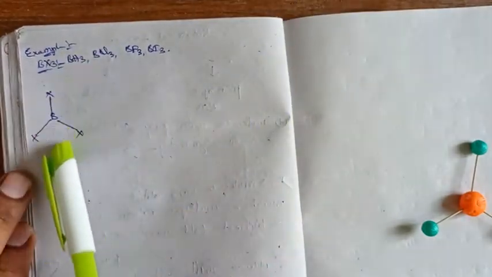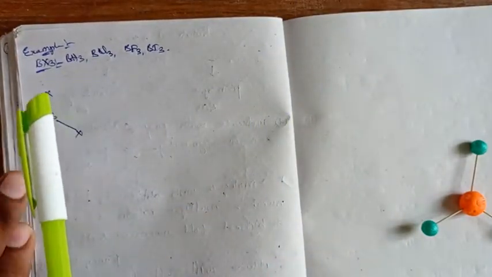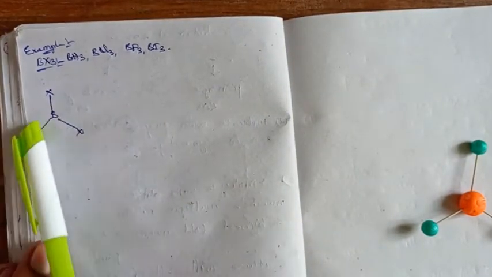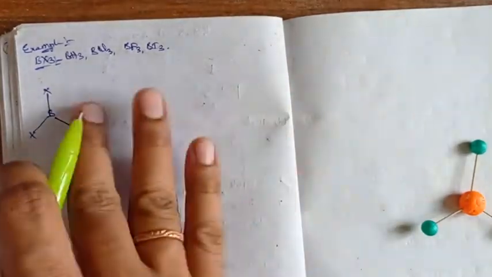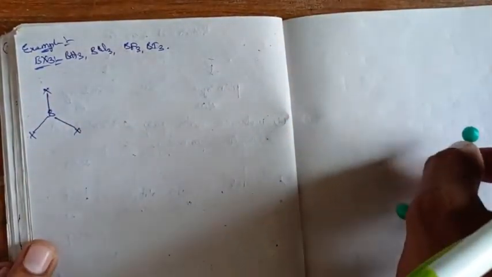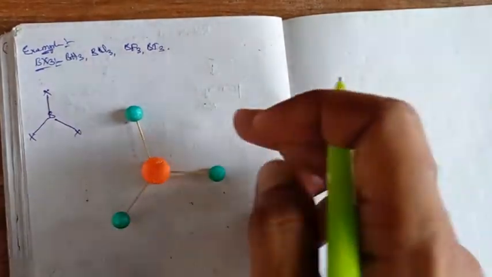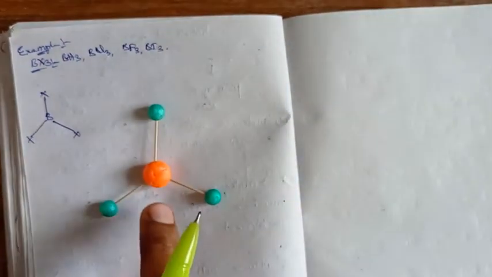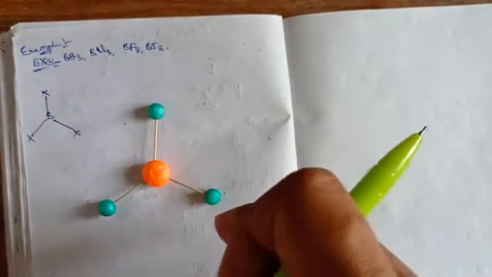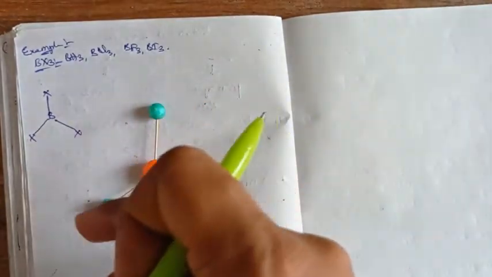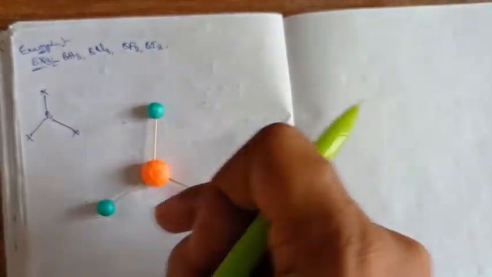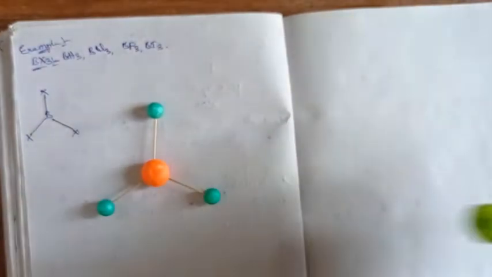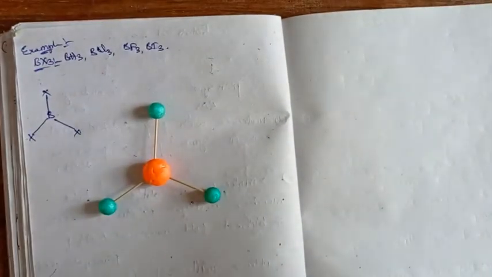It is a triangular shape molecule, and it is a two-dimensional molecule. All the atoms will be in one plane. In the molecular model, this is the BX3, with the boron centrally situated, and the other three halogen sites at the three corners of the trigonal shape. So that's the molecular structure.